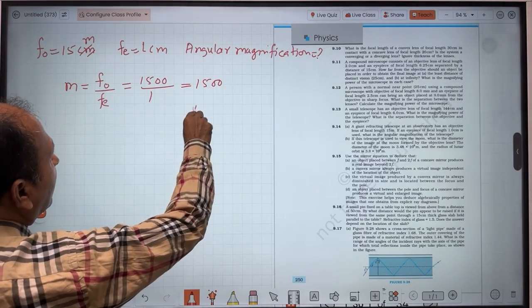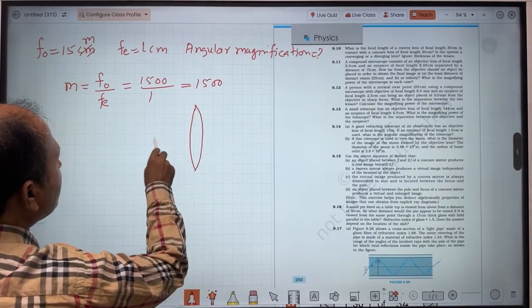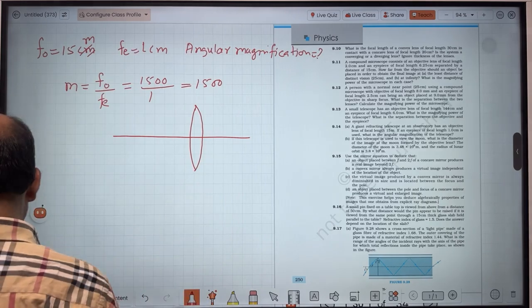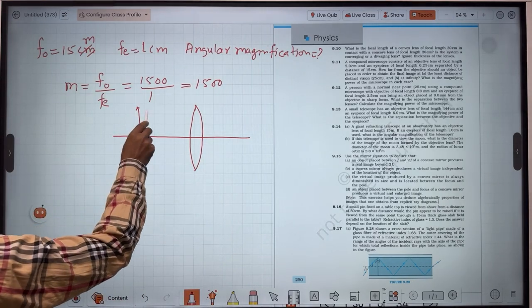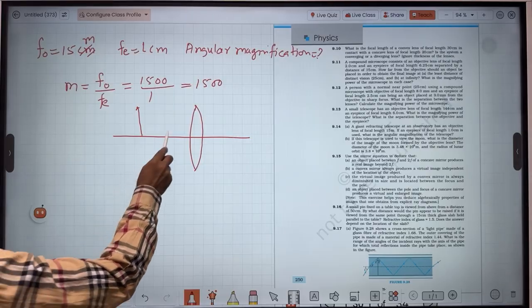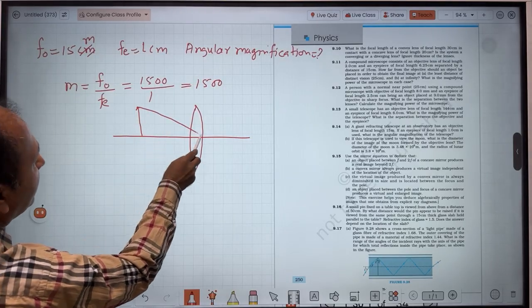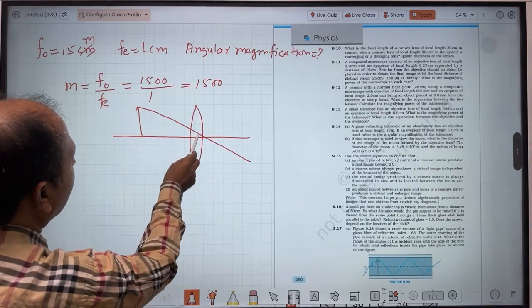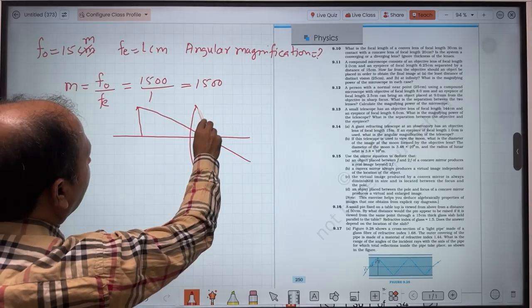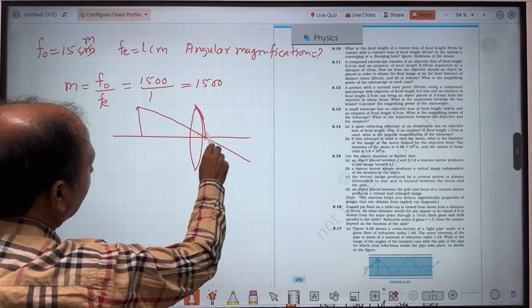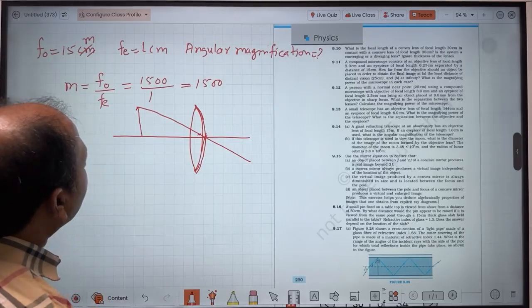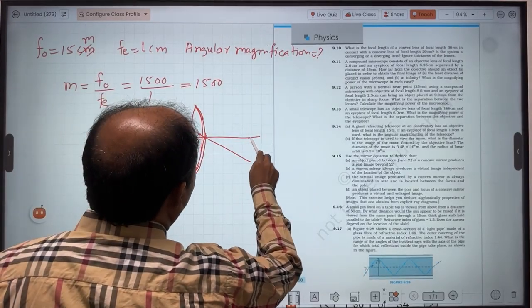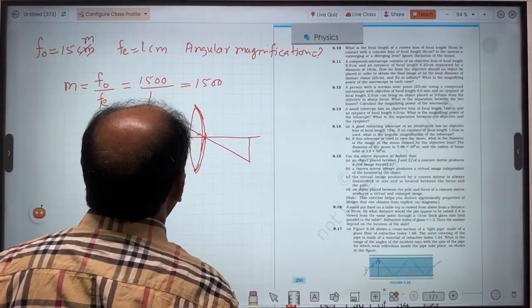So here we can imagine this lens and then we consider this diameter of the moon. It should have been from here, but let's assume that it is passing from the midpoint, and here this is image, right?